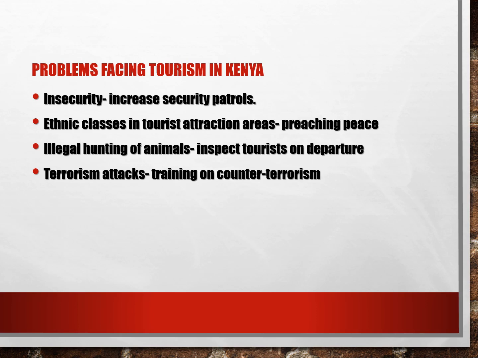Even before then, before we went into war in Somalia, it was because tourists were being hijacked in Kenya. They were being kidnapped and taken to Somalia, and that is what led to our country getting into war in Somalia.